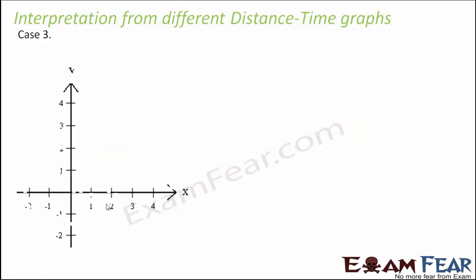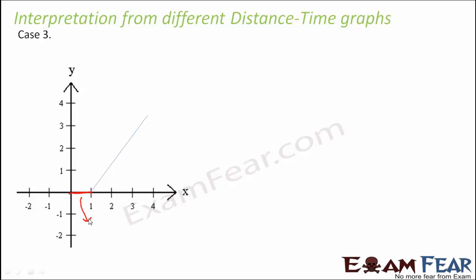Let's look at case 3. Here we have a graph which is similar to the case 2, but here it is not passing through the origin. So what does that show? That shows that initially, as time was increasing, the distance was not increasing, and only after that distance started increasing. So initially the object was at rest.